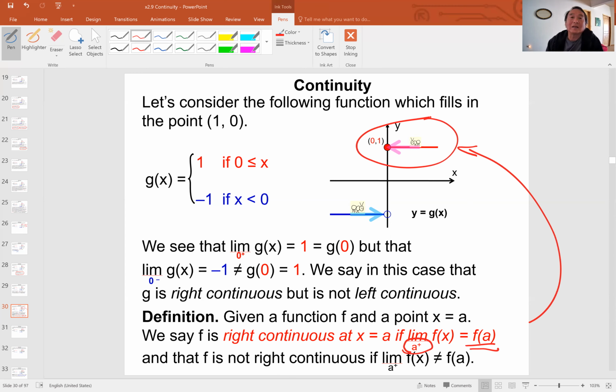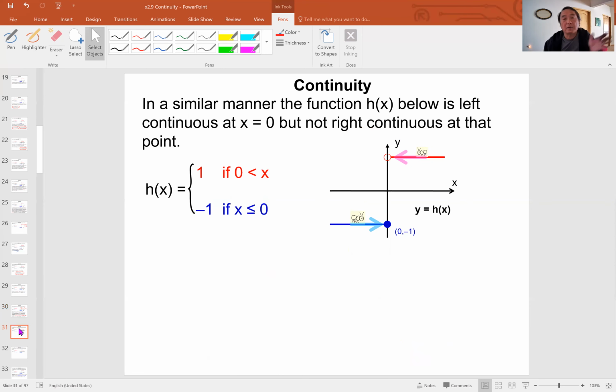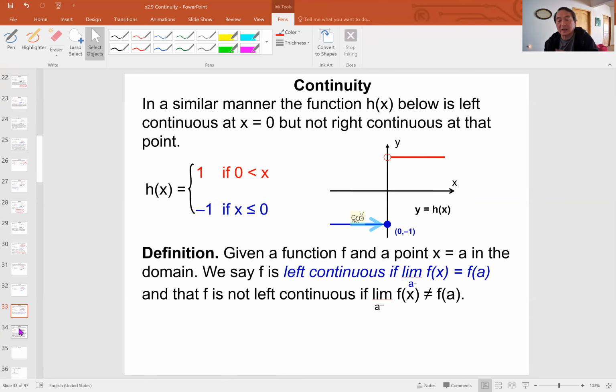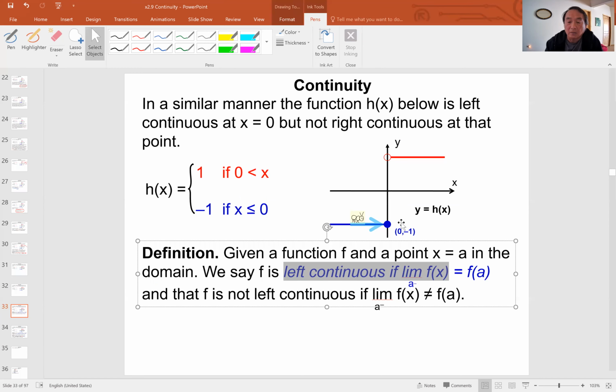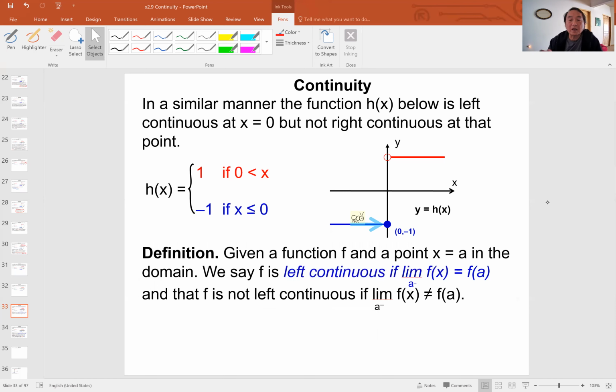We say the function is left continuous if the limit coming from the left-hand side of a is equal to the function value. Suppose this function, coming from the left-hand side of 0, the limit is equal to -1, because I define f(0) to be -1. This function is left continuous.